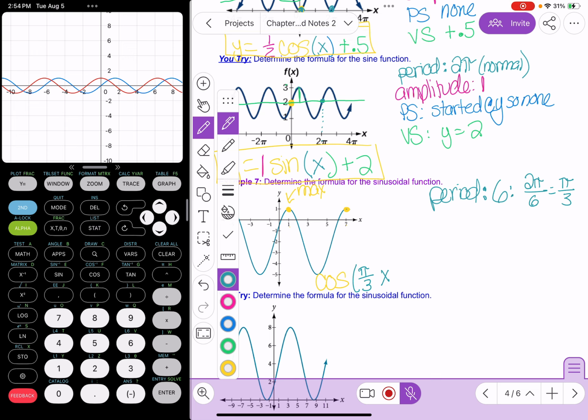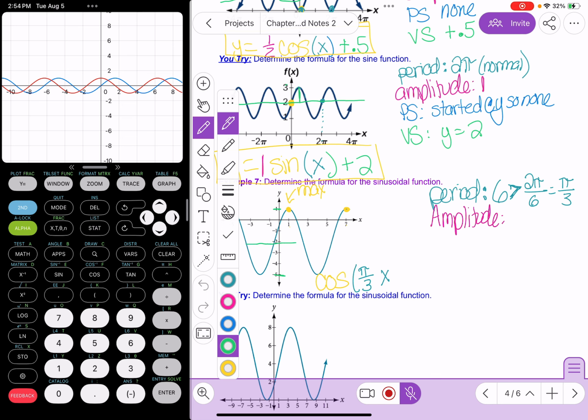So you find your period, and then just like when we were taking out of the equation, we do 2 pi divided by that to figure out what to put in the equation. Then we do our amplitude. So we find the middle. So that's 1. That's -5. So middle is 3. 1, 2, 3.